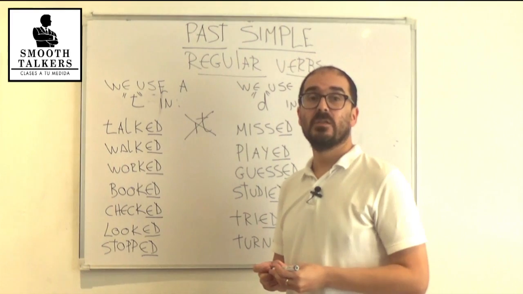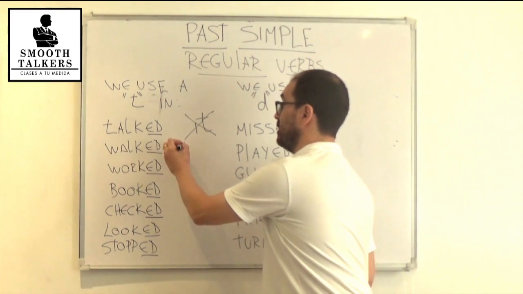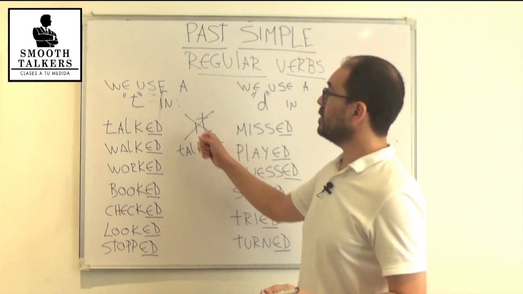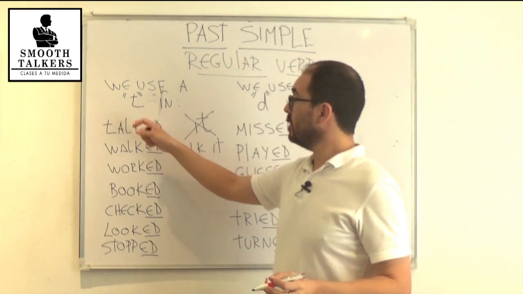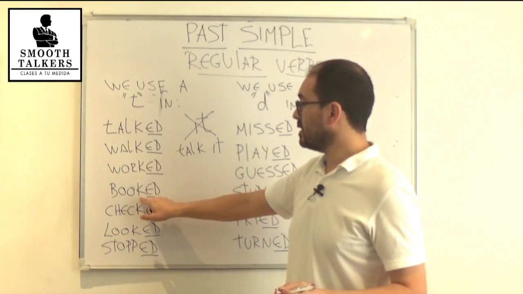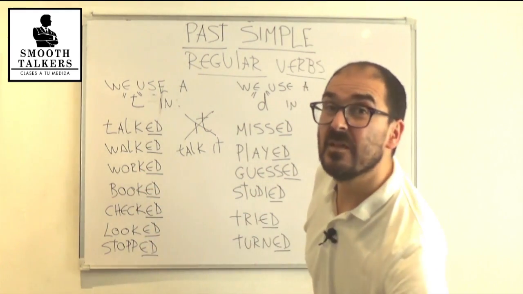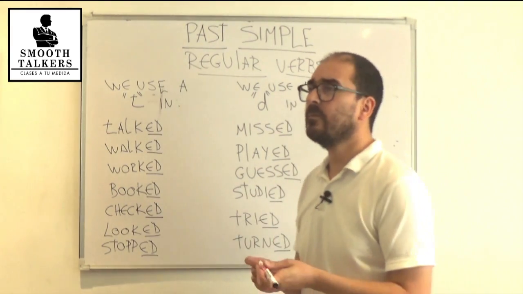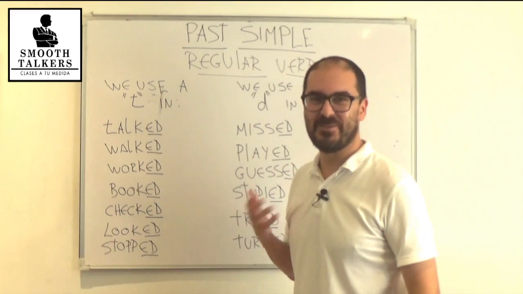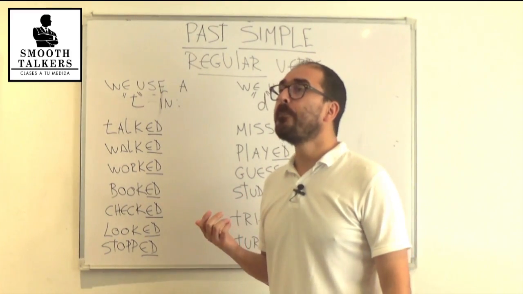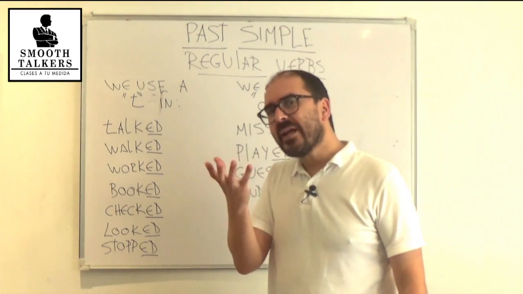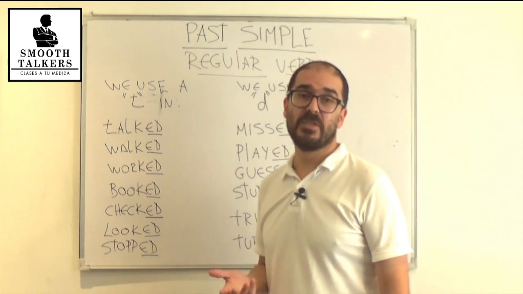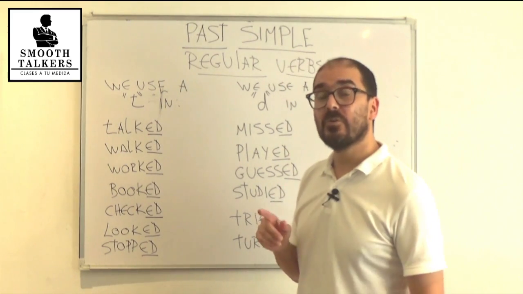"Talk it" is literally talk it. So we're going to use a T when we have this type of consonants. Very strong consonants, which makes us produce sounds like, and this is very funny, so when you blow air out of your mouth, we need to put a strong sound, and the T is a very strong sound. So it's going to sound like this.